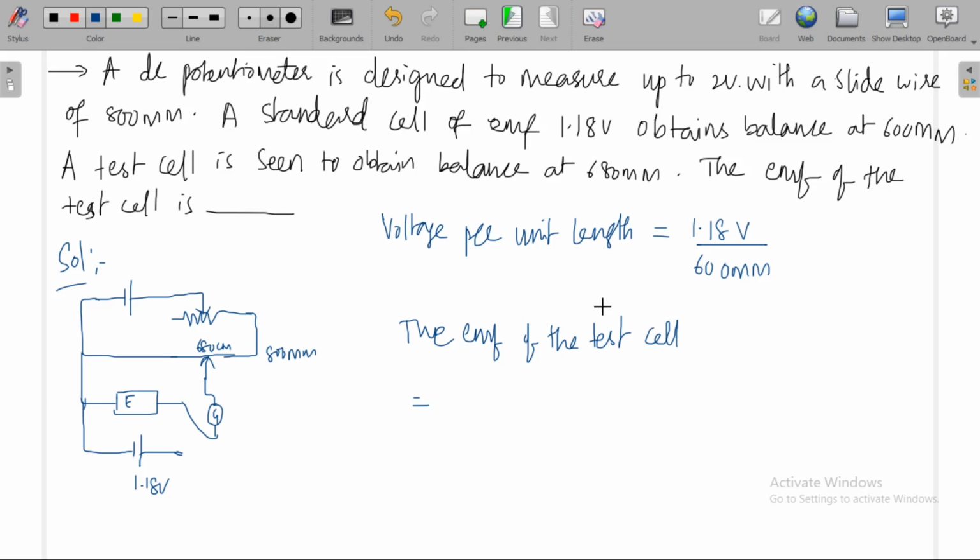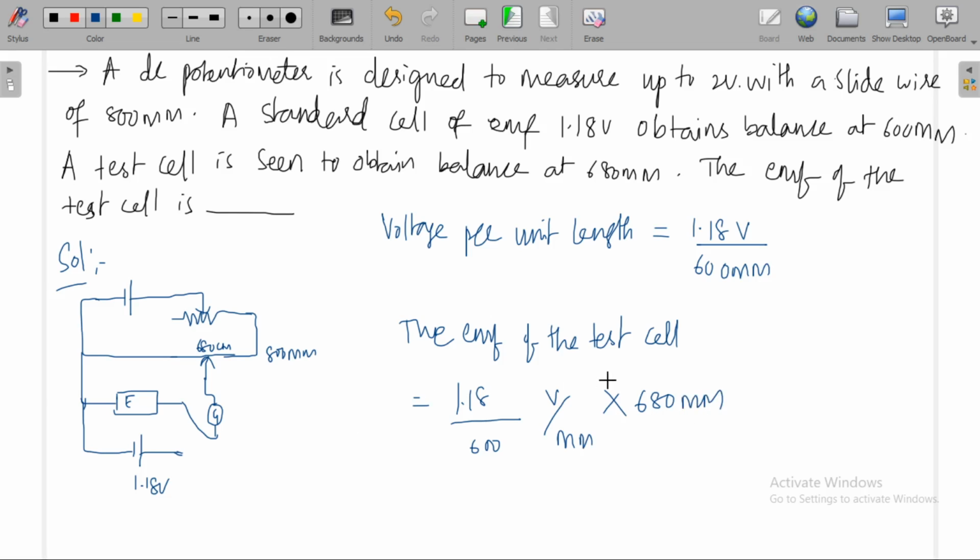what is the voltage per unit length? That is 1.18 volts by 600 mm. Or you can write it like this: 1.18 by 600 volts per mm, into the length of this slide wire, which is 680 millimeters.